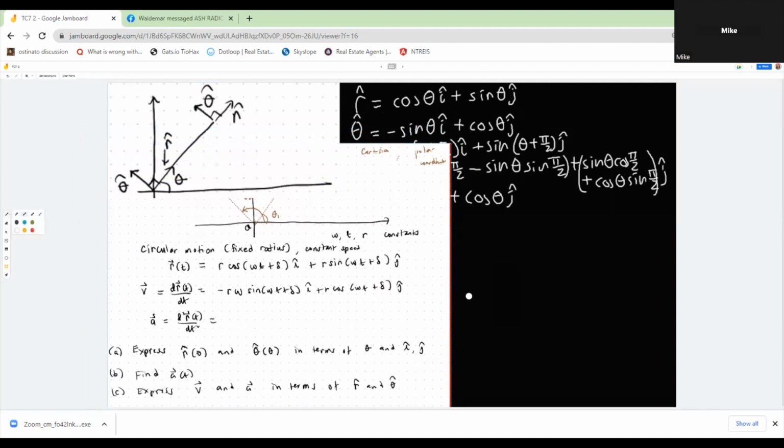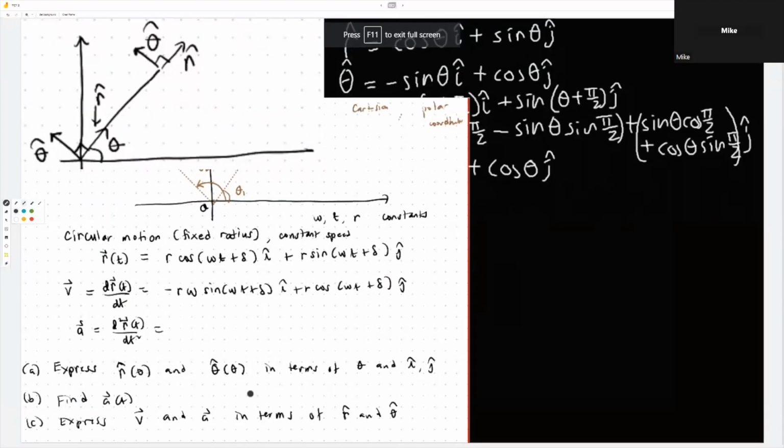So if you differentiate twice, ano yung lalabas? So omega and delta and r are constants. Negative R omega.